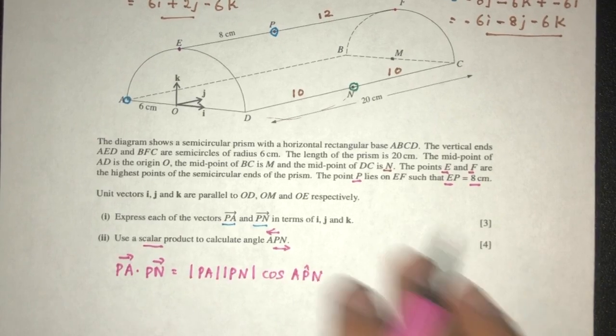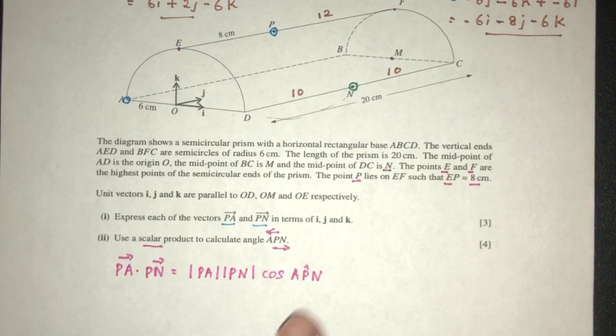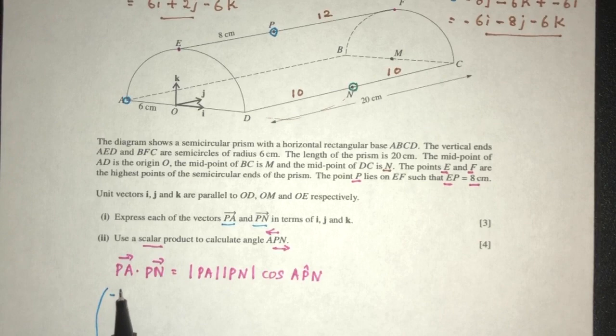So we just have to replace back in this formula and then solve for the angle. Now PA, we have found, was given by minus 6, minus 8, minus 6. PN was found to be 6, 2, minus 6.